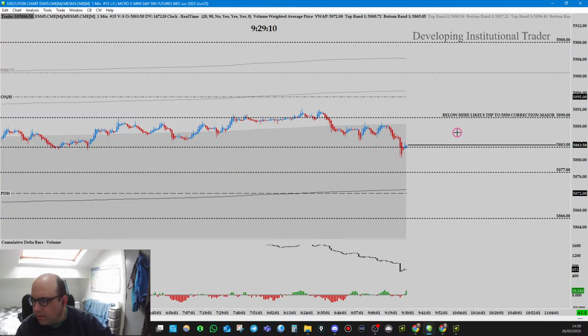Now they're pushing towards the lows. We see some sellers absorption there. Let's see how the buyers are going to defend it.